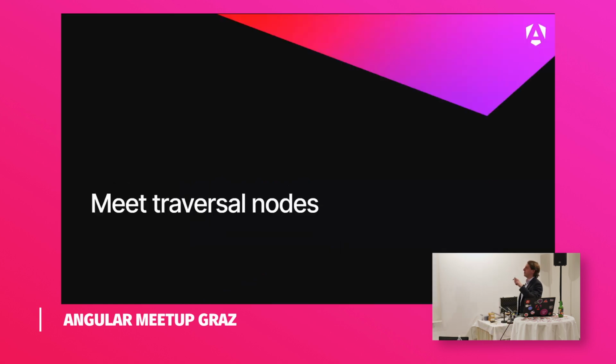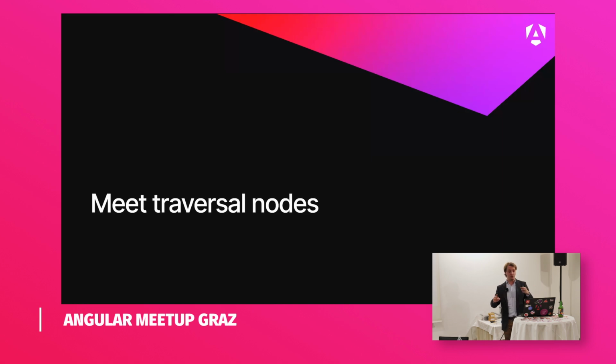And one of the first improvements we had with signals landed in v17. It's a technical concept that you will not see directly as a developer, but it's important to know when you want to understand change detection. Traversal nodes are actually components that will be traversed during change detection, but not change detected.